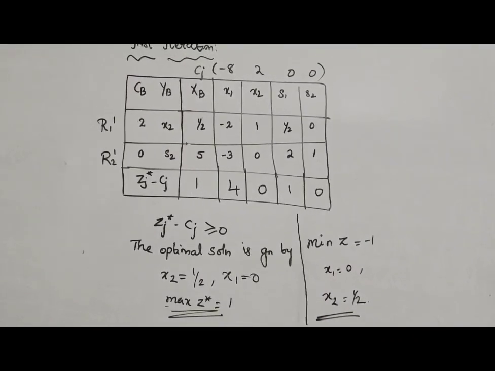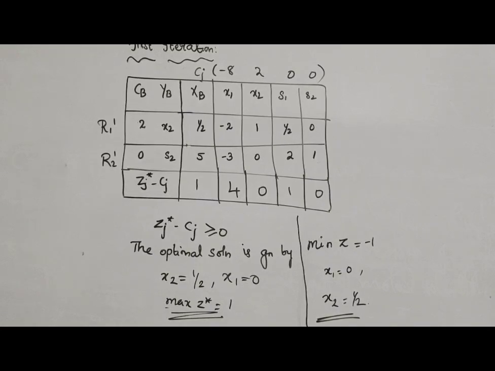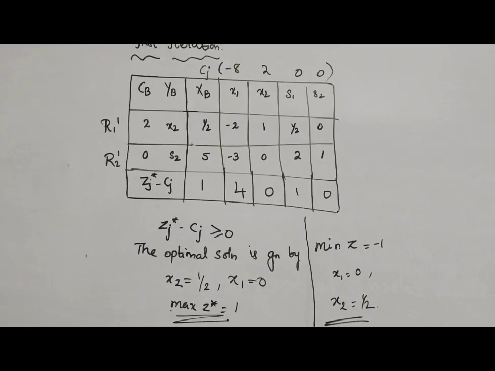You just have to multiply minus 1 to the maximum value you obtained, because while converting the minimization problem to a maximization problem, you have to multiply minus 1 to the objective function, right? Here also you have to multiply minus 1 to the final answer for the minimum z only, not for the variables x1 and x2.